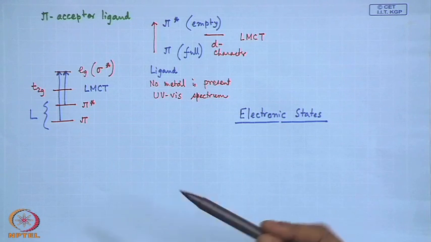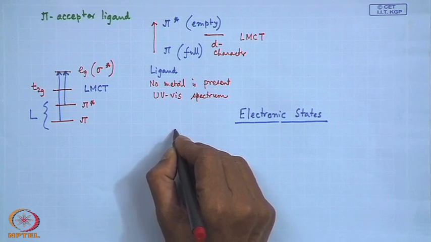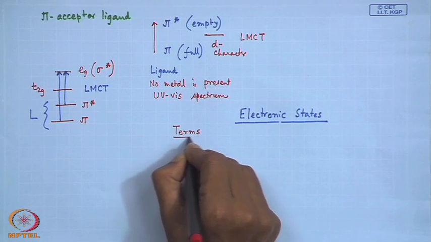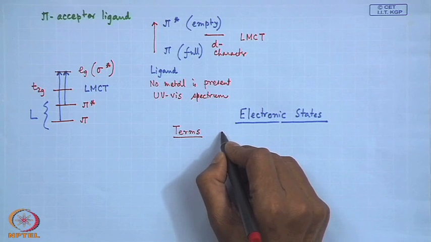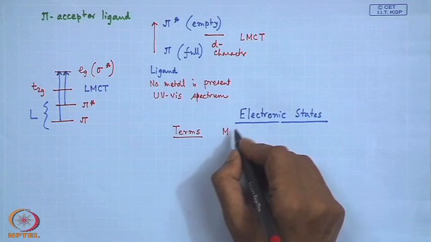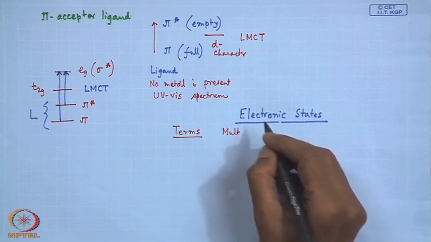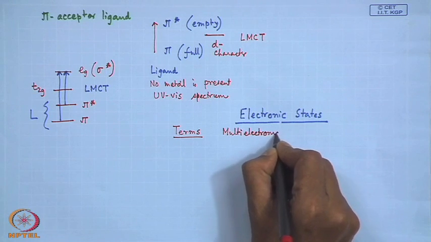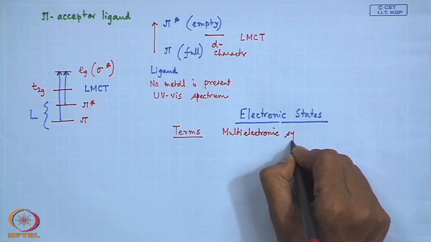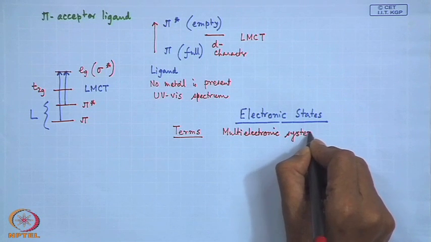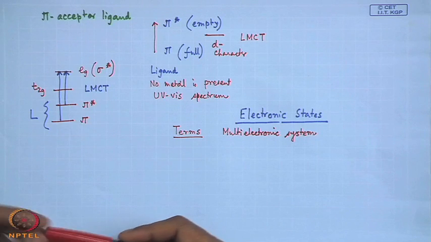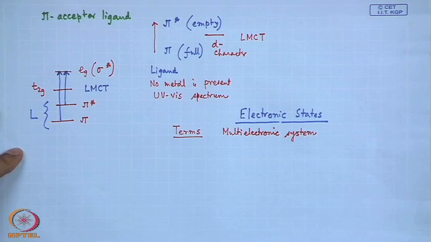For those states we will call them the different terms for a multi-electronic system. When more than one electron is present in different orbitals, we consider it a multi-electronic system, and that multi-electronic system will be utilized for finding out the different term symbols.